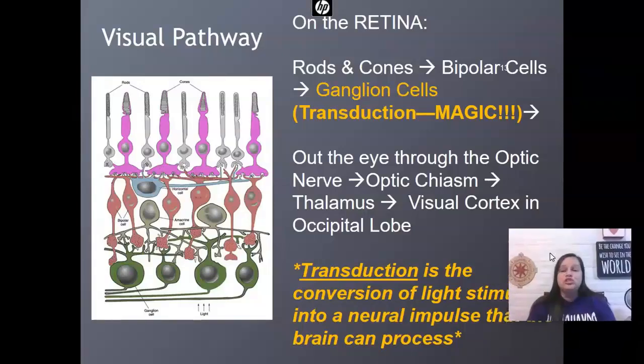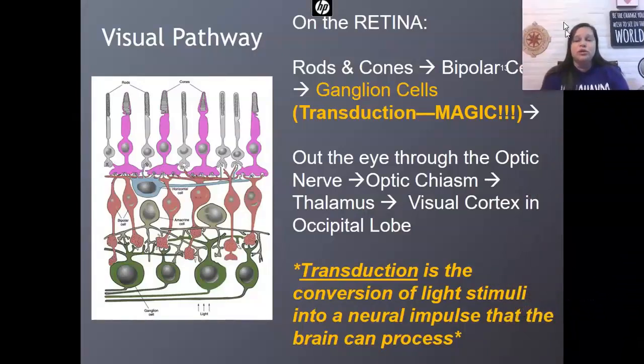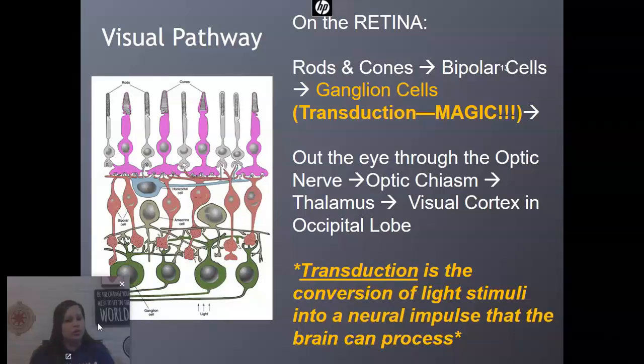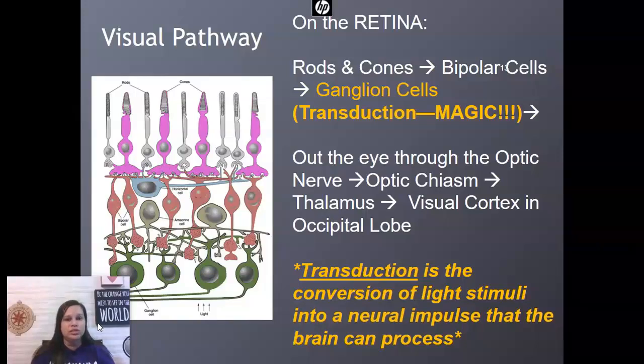All right, so you do have to know in this section what we call the visual pathway, which means the order that light is passing through the eye and the order that the neural image, or the neural signal, is passing through the eye. So we already had cornea, pupil, lens, vitreous body, retina. Once we get to the retina, now the light is passing through the rods and the cones, then it goes to the bipolar cells, and then the ganglion cells where, ta-da, transduction happens, the magic.